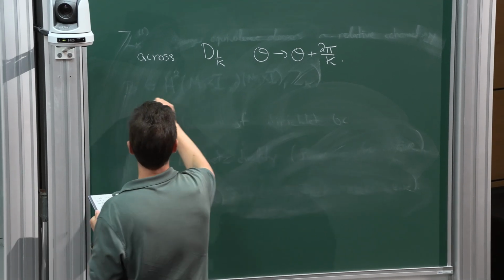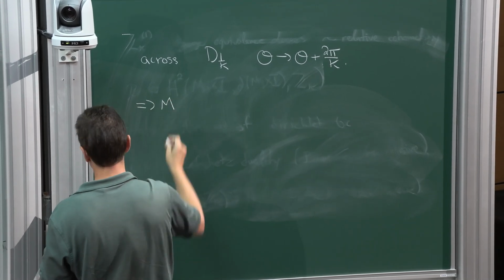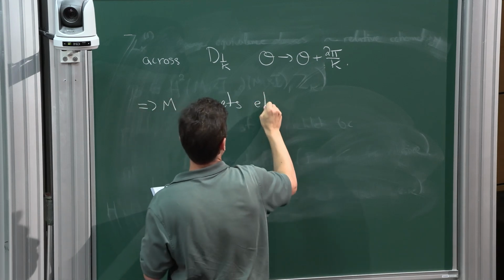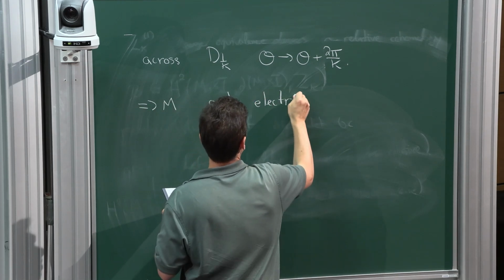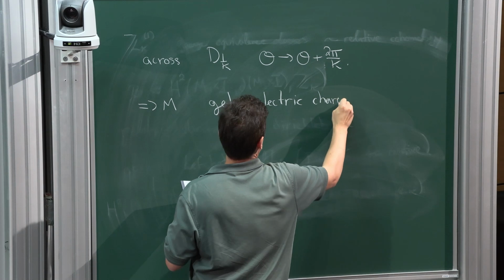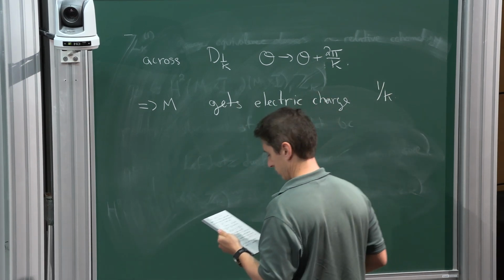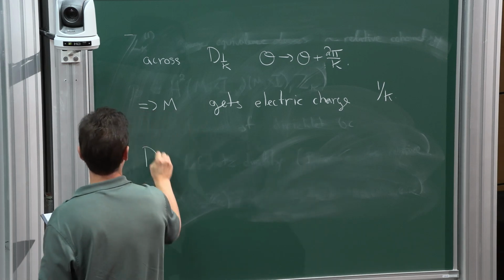So if we start with m, it will get an electric charge 1 over k. We could try to write it more like a formula.